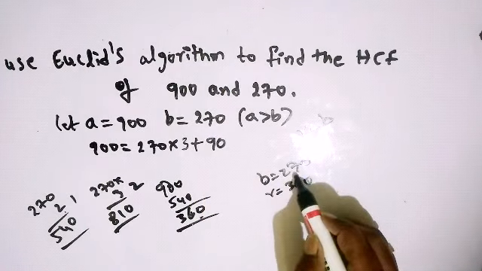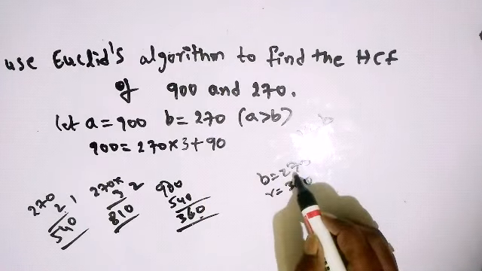Here R is not equal to 0 now. If R is not equal to 0, then what do we do? We continue this process, taking B and R. B is 270 and R is 90. Apply Euclid division lemma to these two. That is, in the 90 table, 270 is 90 × 3, so 270 = 90 × 3 + 0. The remainder is 0.